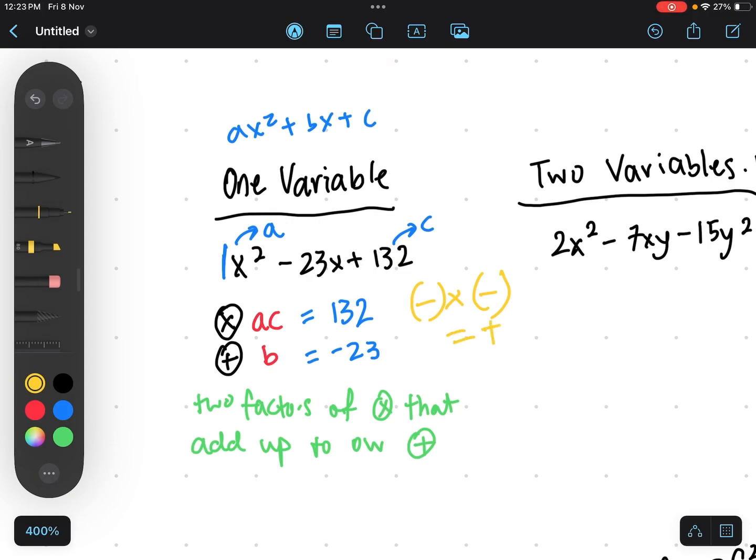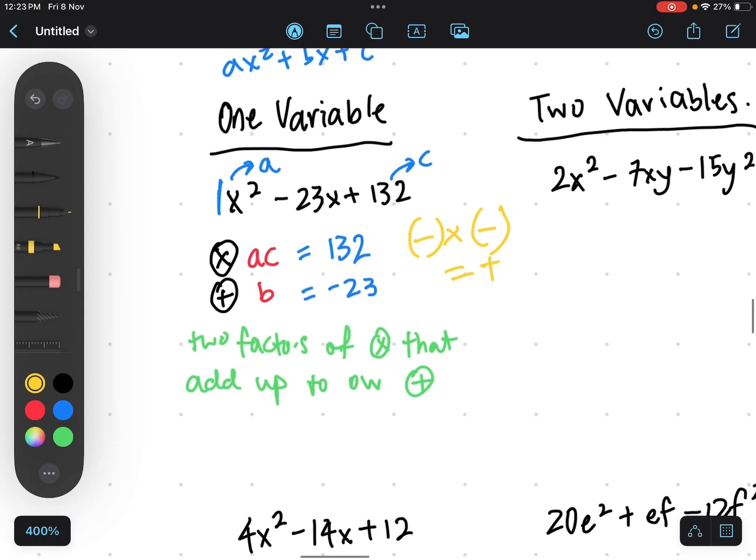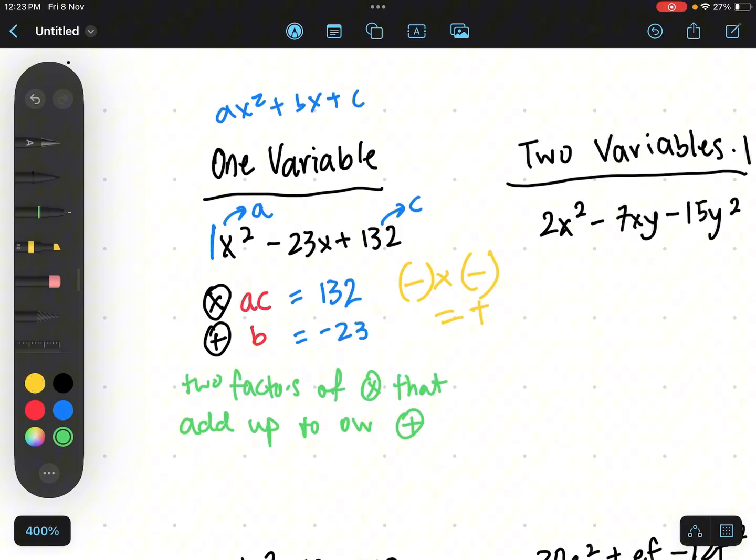Two factors of 132 that add up to 23. The two factors are minus 11 and minus 12, because minus 11 plus minus 12 will give you minus 23.